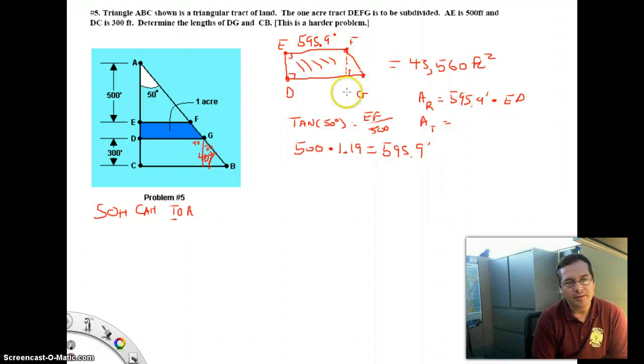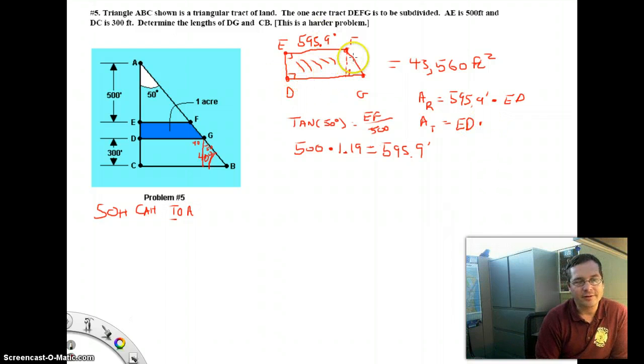Well, it equals its height of ED times its width. So let's think about its width. Well, if we look at this triangle closely, do we know that angle? Yeah, we do. We know that it's 50 degrees. So let's redraw that triangle.